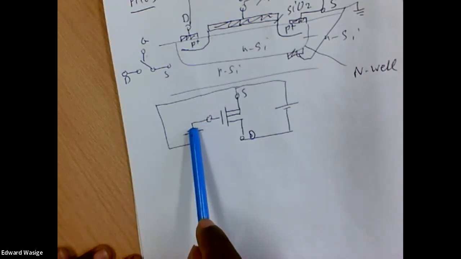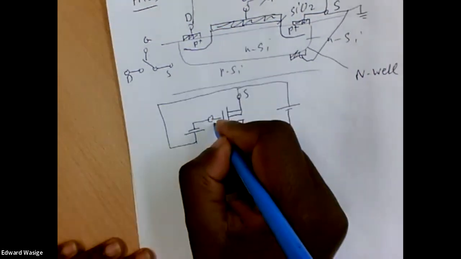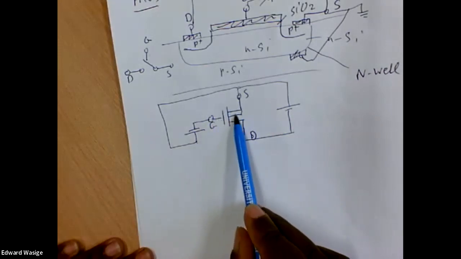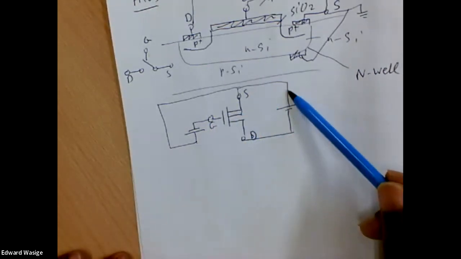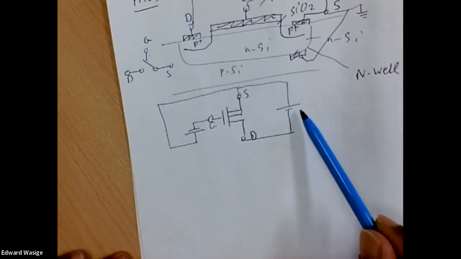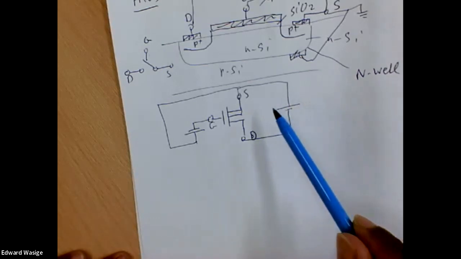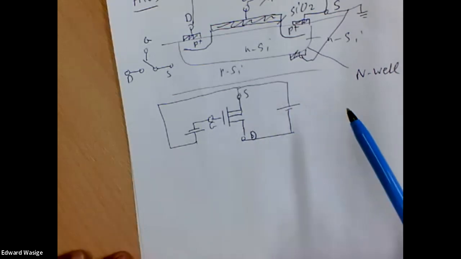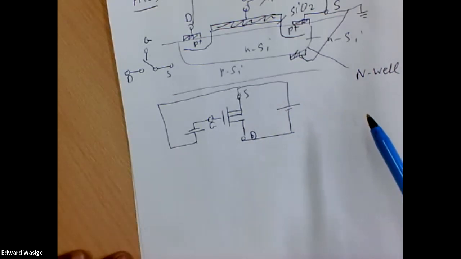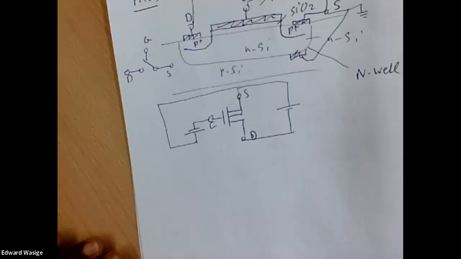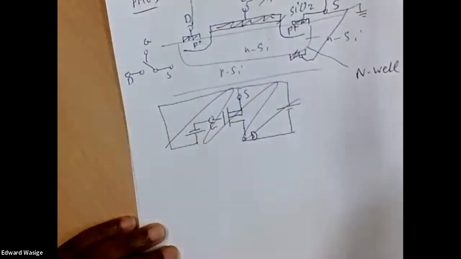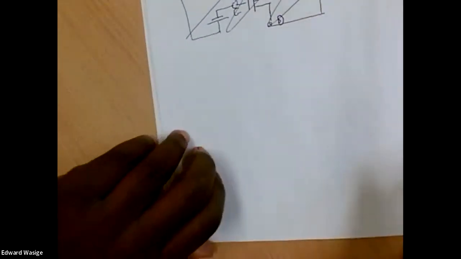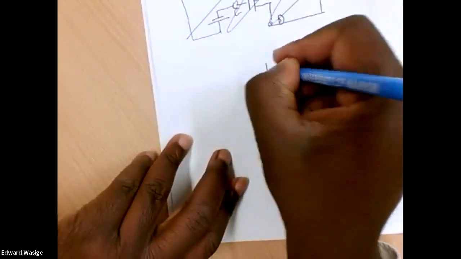So I need a negative voltage between the gate and the source to turn on my transistor, and because we're using holes, I need reverse polarity. So if I put, excuse me, I think I'll just redo that.